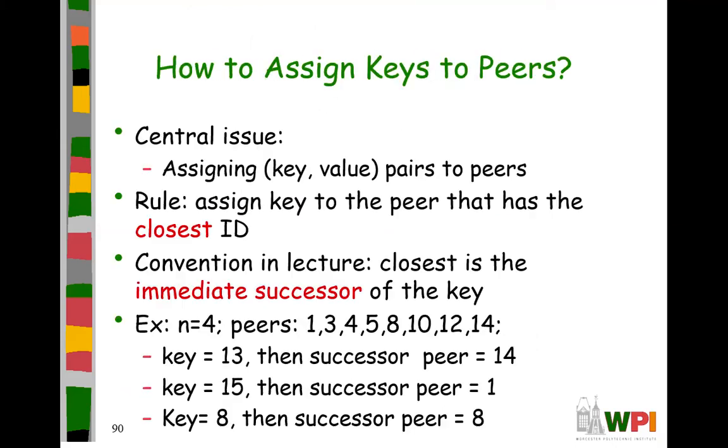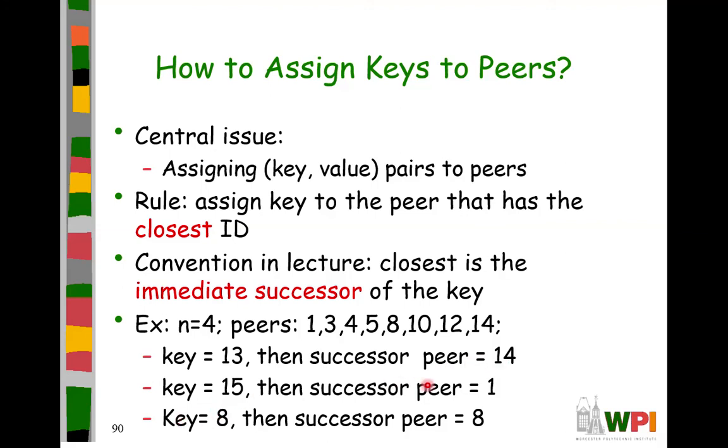By closest we mean the immediate successor. For example, if we have the key 13, after 13 comes 14, so the pair 14 will become the successor. Similarly for 15, the pair 1. Why?